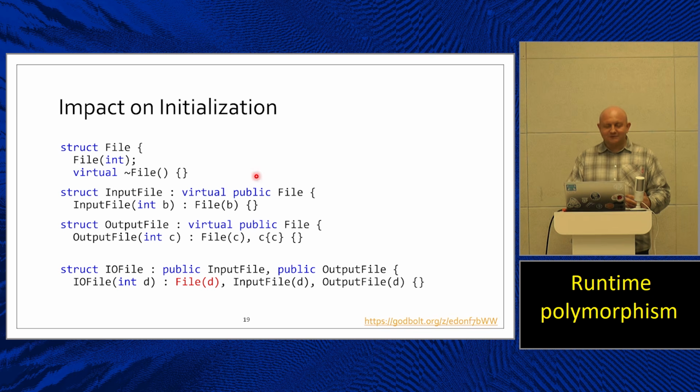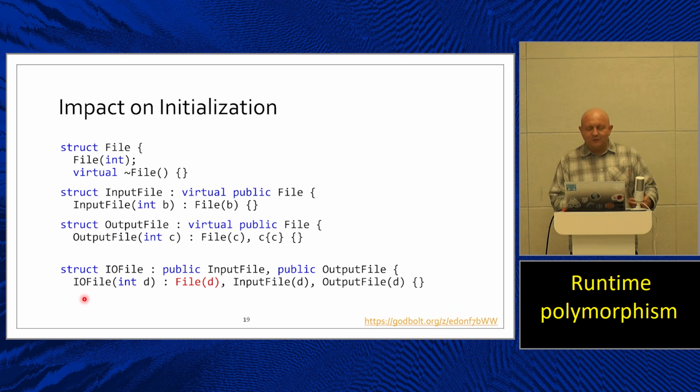Let's look at the constructors. With virtual inheritance, the virtual base is constructed by the most derived class, this one, not by intermediate classes. So even if intermediate classes explicitly call the constructor with some arguments in their constructors, those calls are ignored when constructing the IO file.